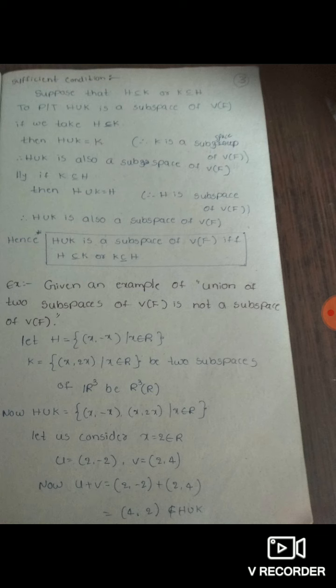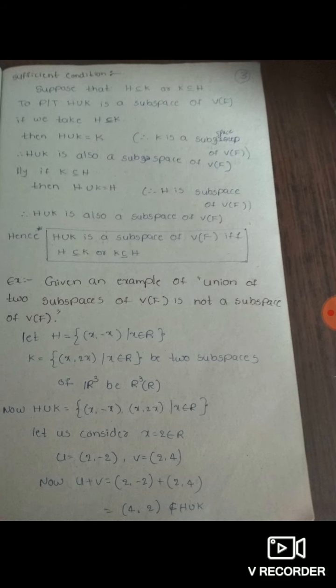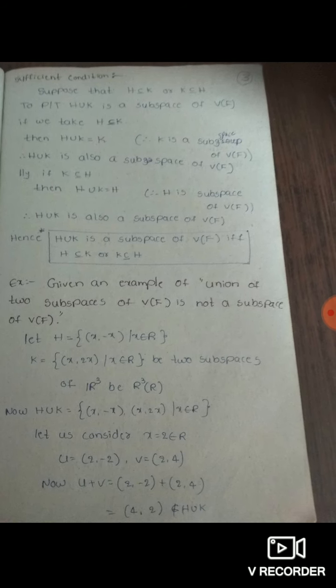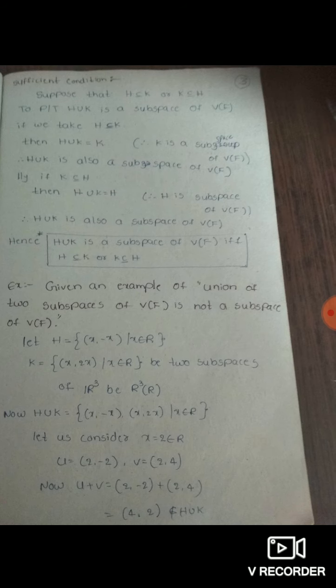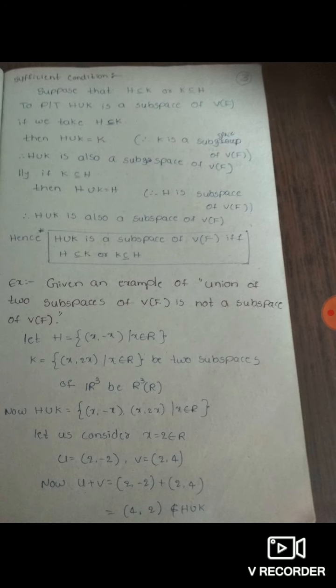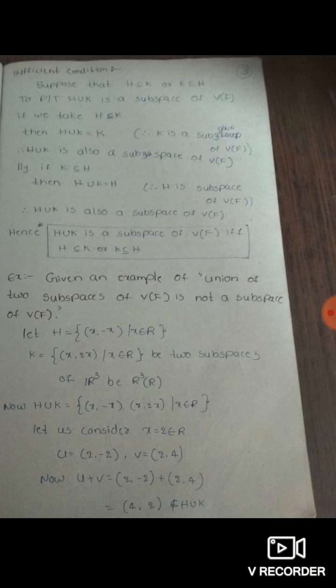Now u plus v is (2, -2) plus (2, 4). 2 plus 2 is 4, and -2 plus 4 is 2. So u plus v is (4, 2), which does not belong to H union K. This is the example showing that the union of two subspaces of a vector space need not be a subspace.